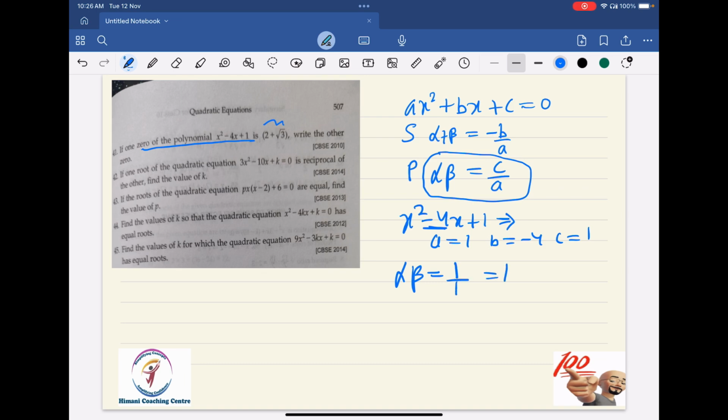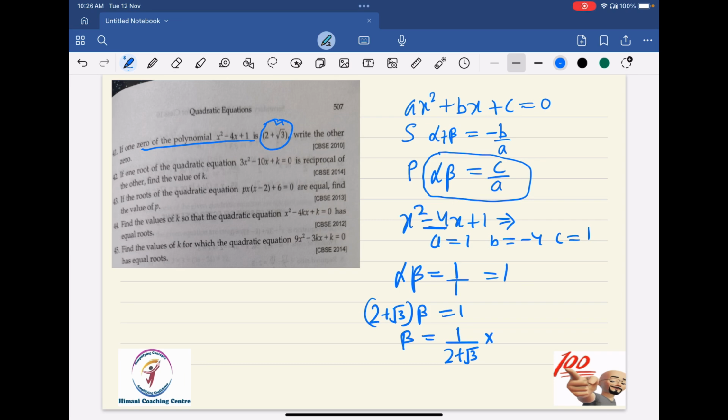Let us assume that the given root is alpha. So 2 plus root 3 times beta equals 1, or beta equals 1 over 2 plus root 3. Now the denominator is an irrational number, so we will have to rationalize it.